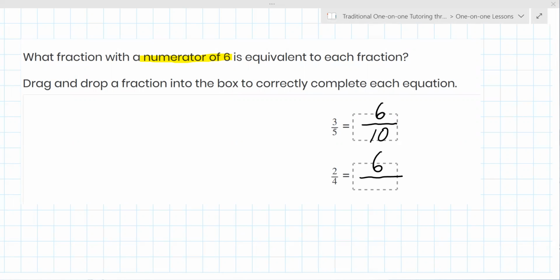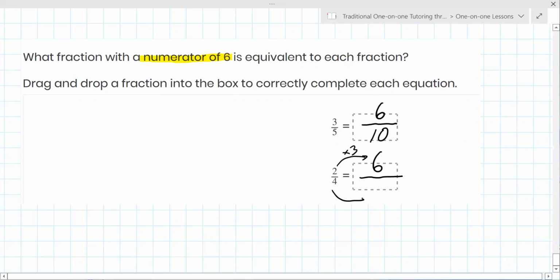It's kind of getting confusing now. Okay, but you just said you multiply 2 by 3. So what do you multiply the 4 by? Oh, it's the same number. 12. Yes. Very good.